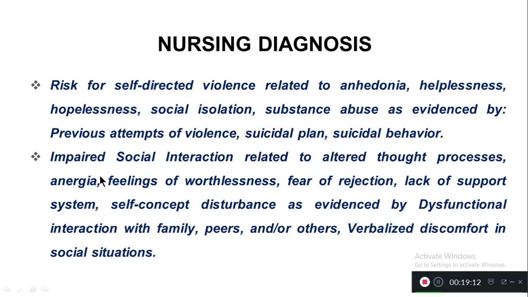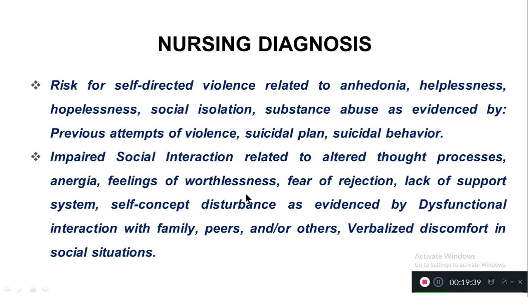The second important nursing diagnosis is impaired social interaction related to altered thought processes, anorexia, feelings of worthlessness, fear of rejection, lack of support system, self-concept disturbances, as evidenced by dysfunctional interaction with family, peers and others, and verbalized discomfort in social situations.